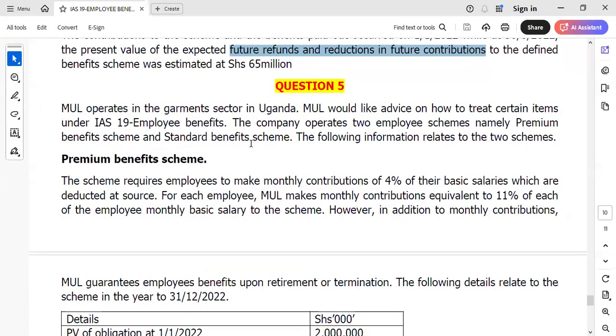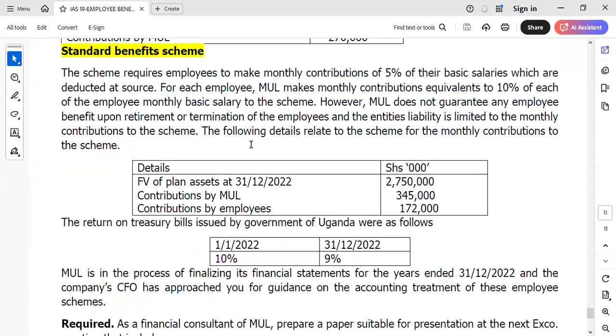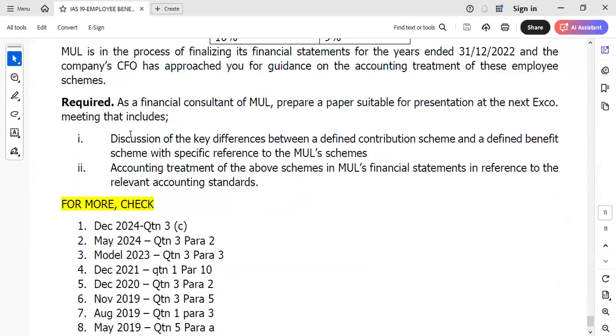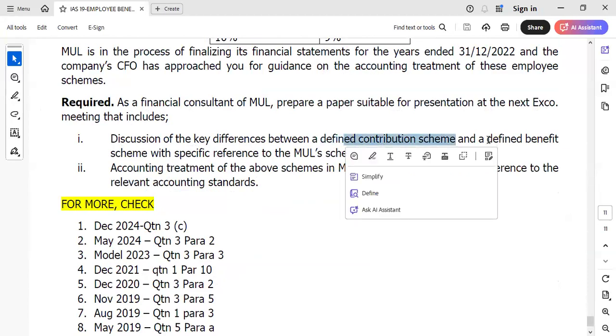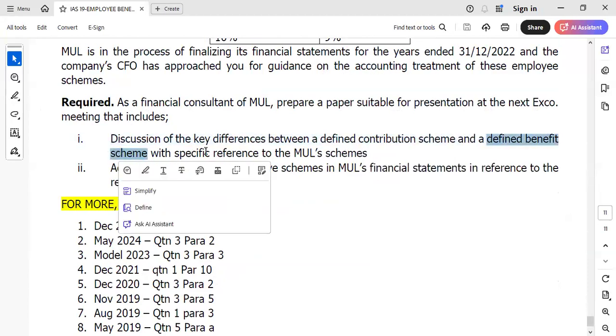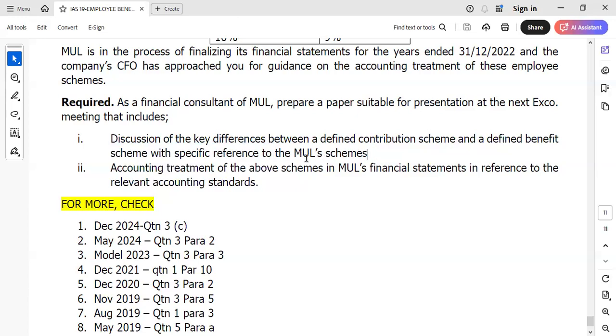Now with question 5, when you look at the required part, they are telling you as a financial consultant of MORU, prepare a paper suitable for presentation at the next EXCO, Executive Committee meeting, that includes 1, discussion of the key differences between a defined contribution scheme and defined benefit scheme with specific reference to the MORU's schemes.